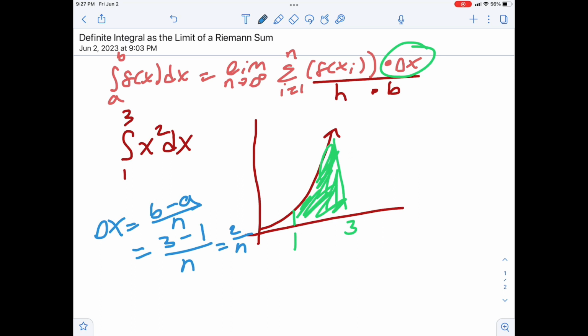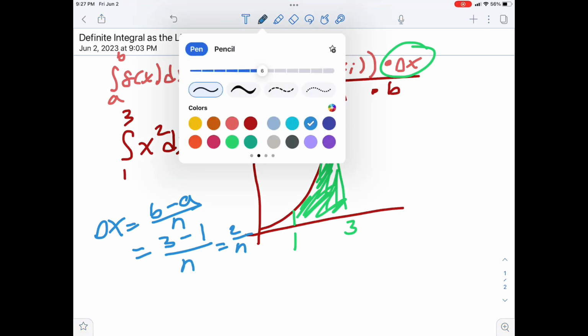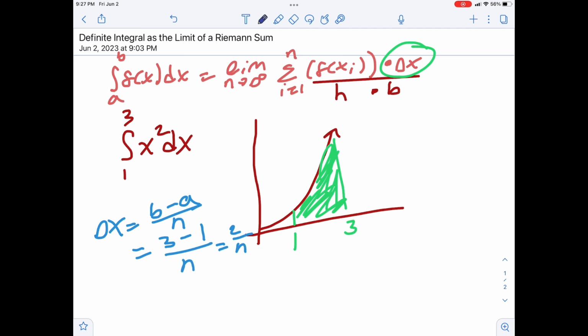And so I'm just going to leave the n alone from now because this will actually be split up an infinite amount of times, but I'm going to leave it like this to eventually put it back into my Riemann sum. So now that we've taken care of the delta x, we're going to do the slightly harder but not too bad height.